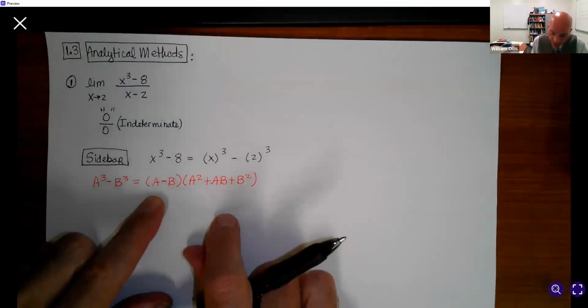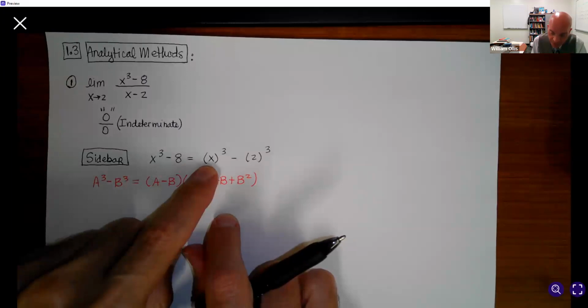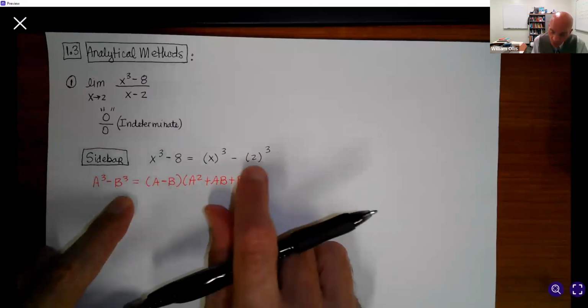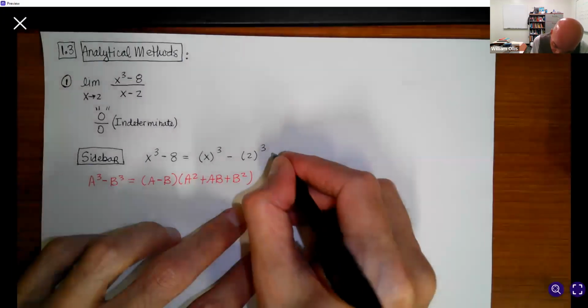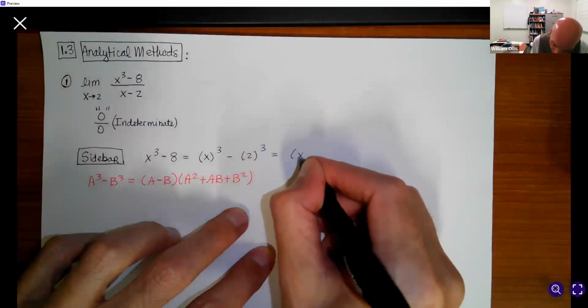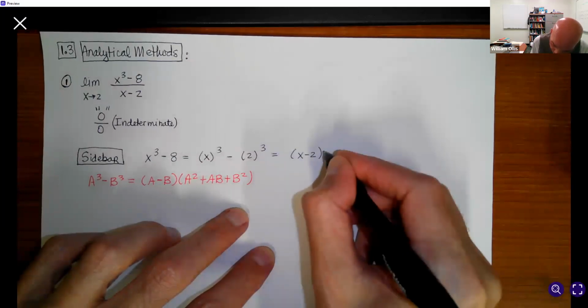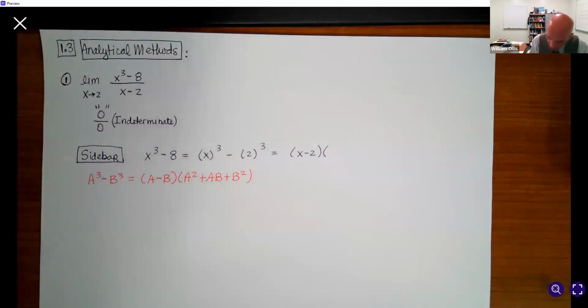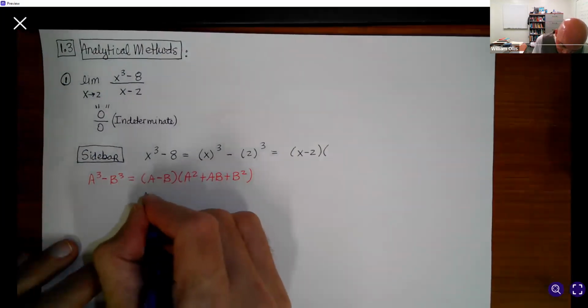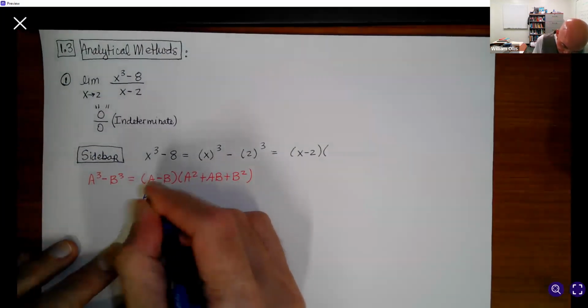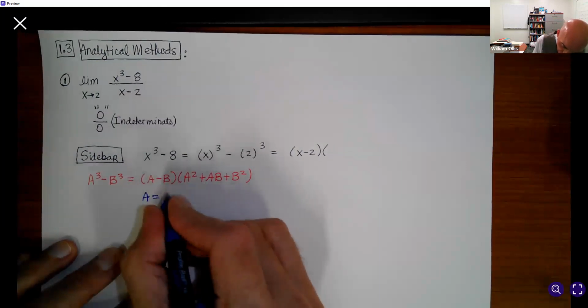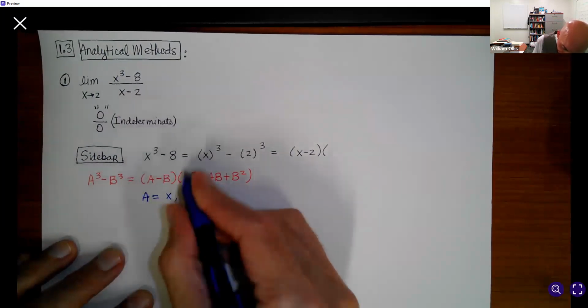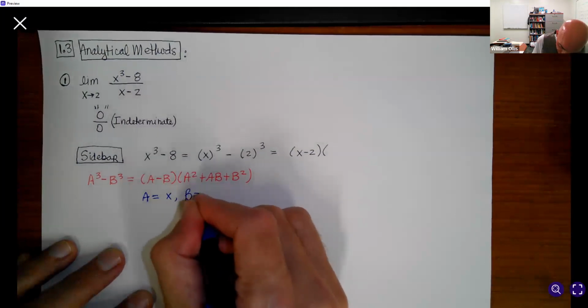Now we can simply replace A with x, and B with 2. So let's fill that in. That gives us x minus 2, and let me just say A equals x, B equals 2.